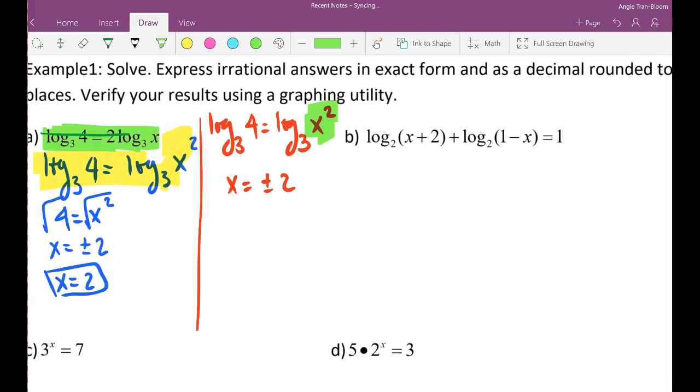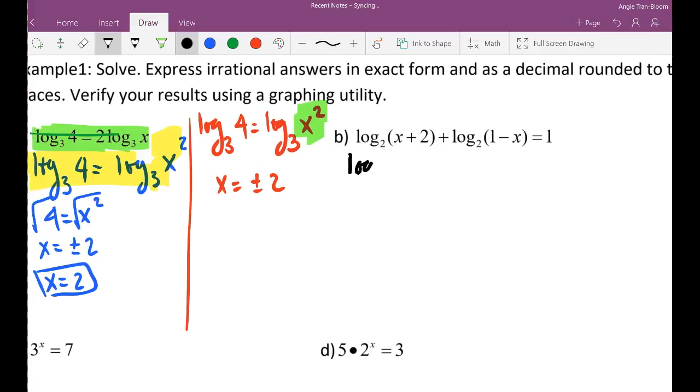B. Log base 2 of x plus 2 plus log base 2 of 1 minus x equals 1. Solving for x. What would you like to do? Should I multiply the left-hand side? Because I have logs that are adding. Should I rewrite that as a multiplication? Yes, for sure.